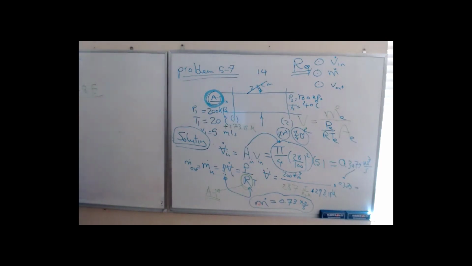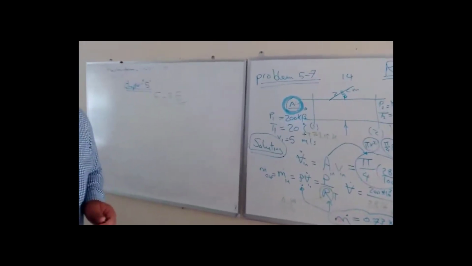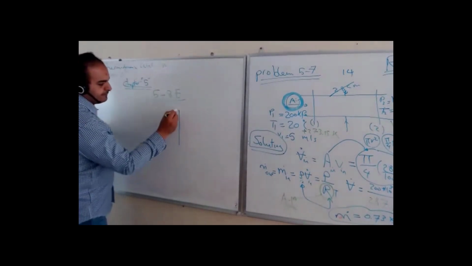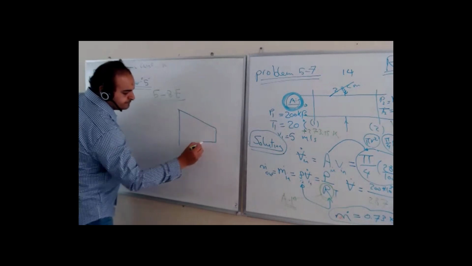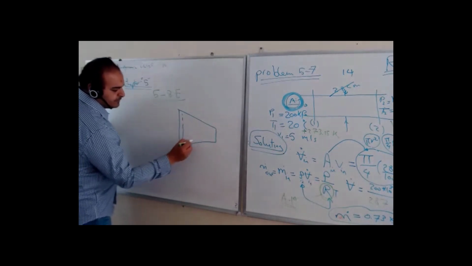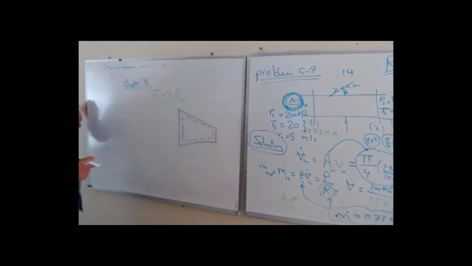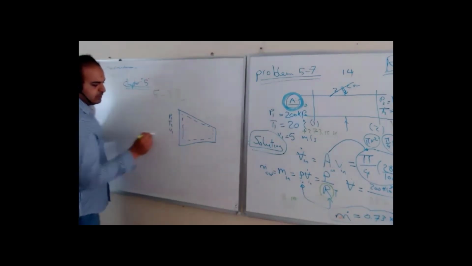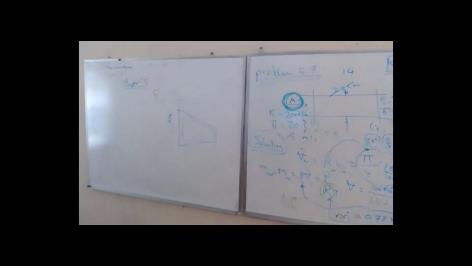The following problem, 8E, was in English units. It's a good problem. It's exactly the same problem, but for a diffuser, something like this. So exactly, I give you P1, T1, and V1, velocity 1 at inlet.